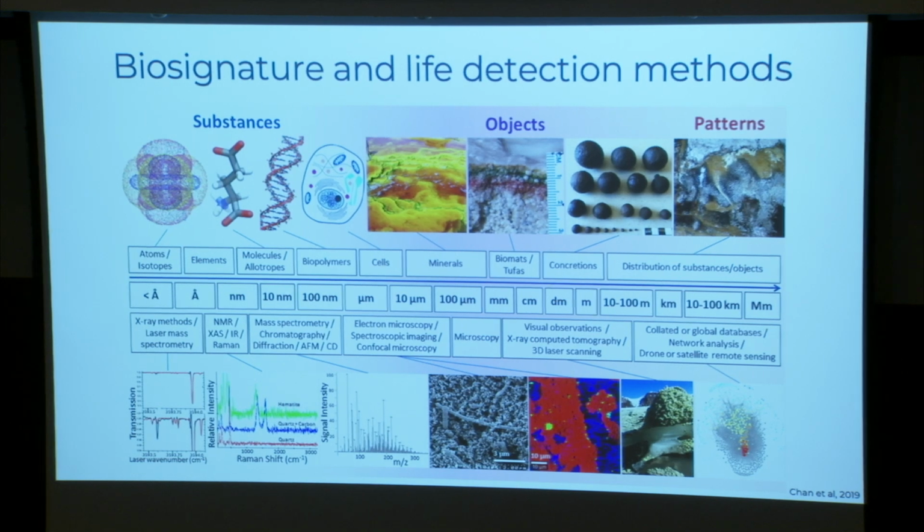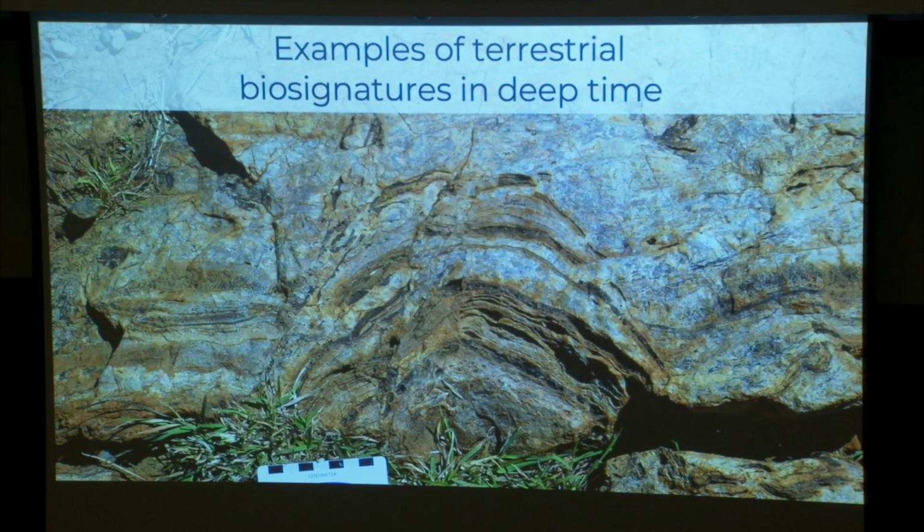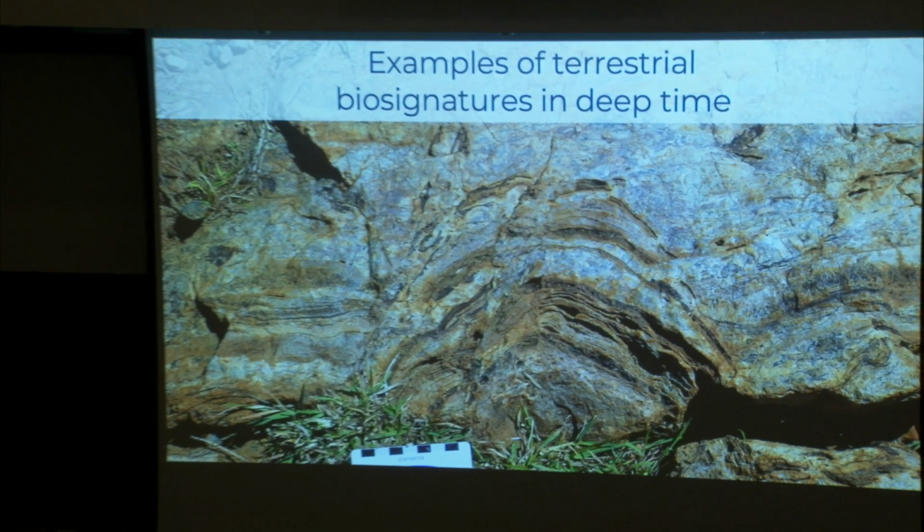I'm a field geologist, a field geobiologist, so I go to Archean rock outcrops, and I take hand samples, I look at them under the microscope, and I study the chemical composition of these rocks.